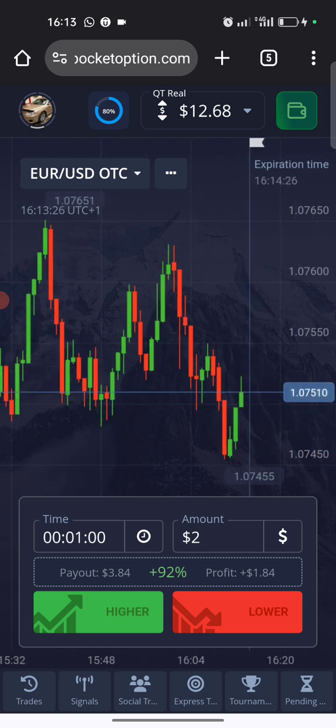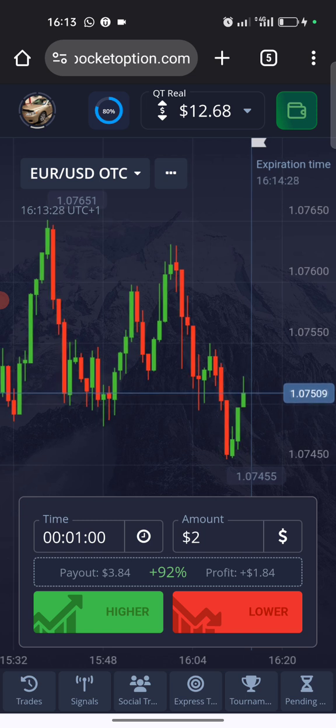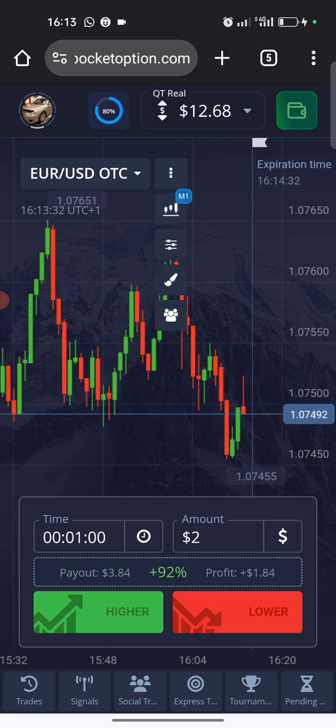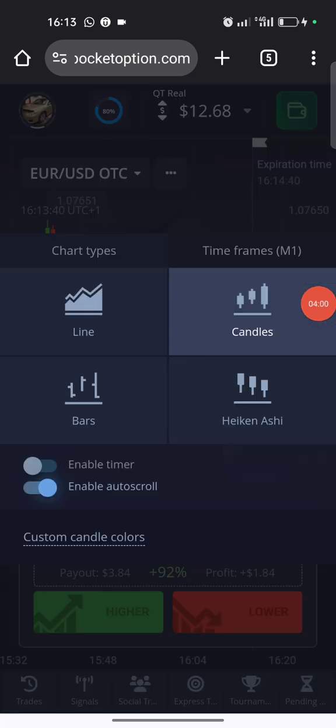Over here, let's move down to our chart again. Let's move down to this place to see what exactly is there. Sorry, before then we have to move to the time frames.